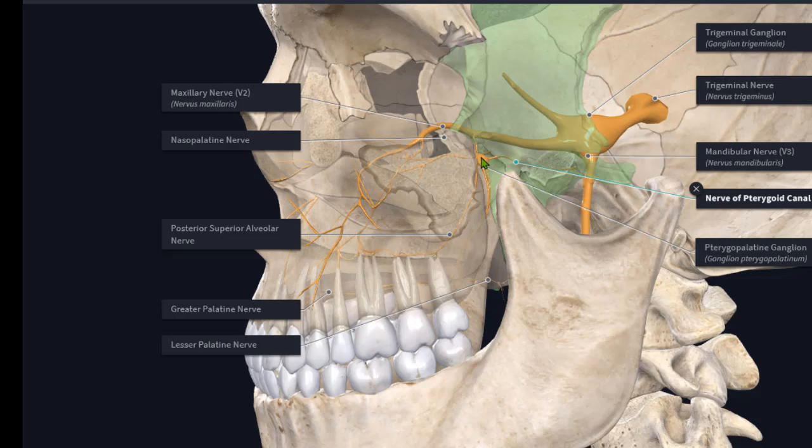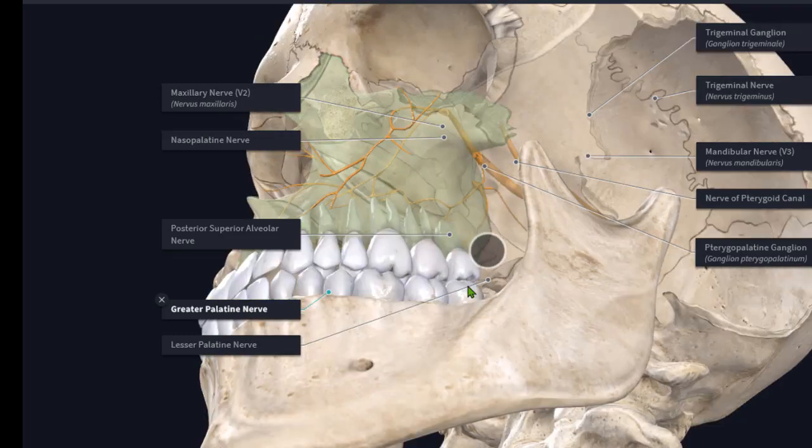After relaying over here, the postganglionic fibers merge with the maxillary nerve, forming the nasopalatine nerve and the posterior superior alveolar nerve, and all these nerves supply the maxilla. Like that, here you will find the greater palatine nerve. This greater palatine nerve emerges out through the greater palatine foramen, that you will find over here.